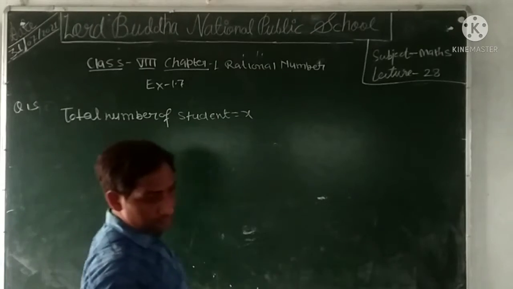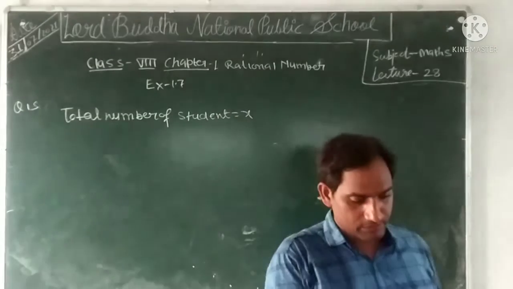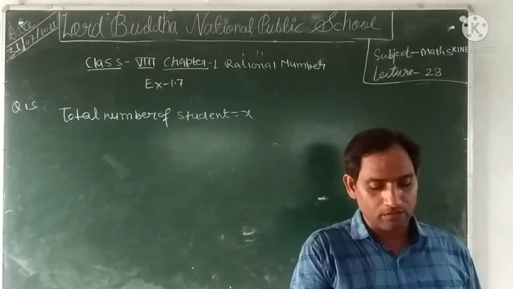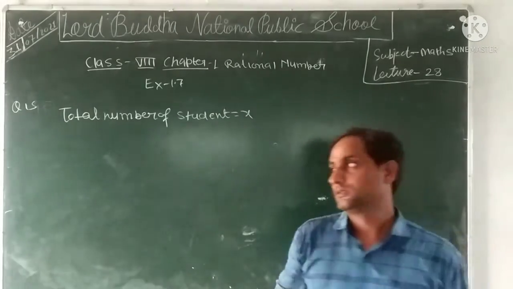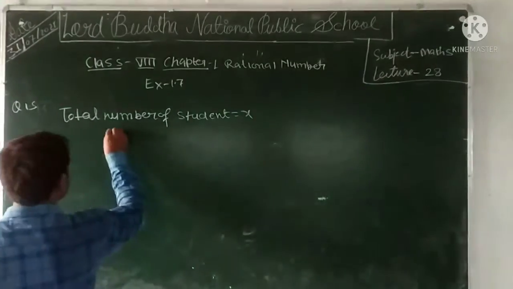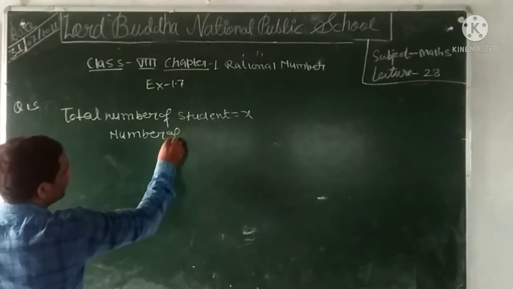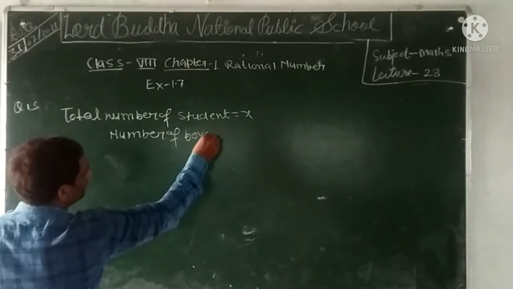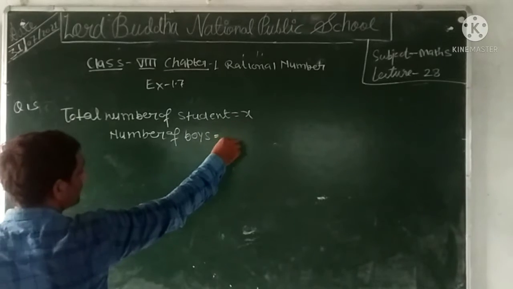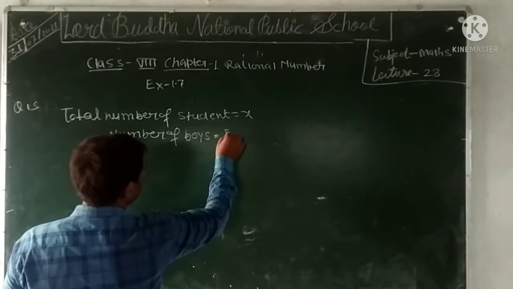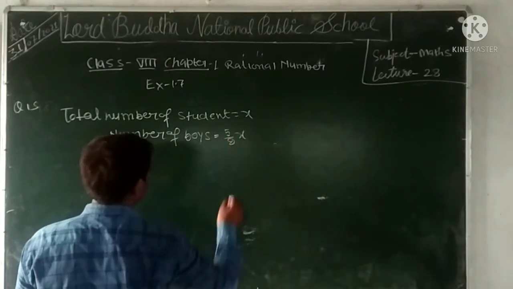Okay? Now the question says that 5 upon 8 of all the students are boys. Number of boys, 5 upon 8 of total students, means 5 upon 8 x.